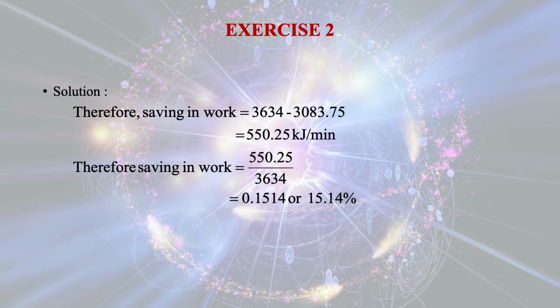Now if you want to calculate the percentage saving in work, the saving in work is 550.25 divided by 3634, which comes out to be 0.1514, or 15.14%.